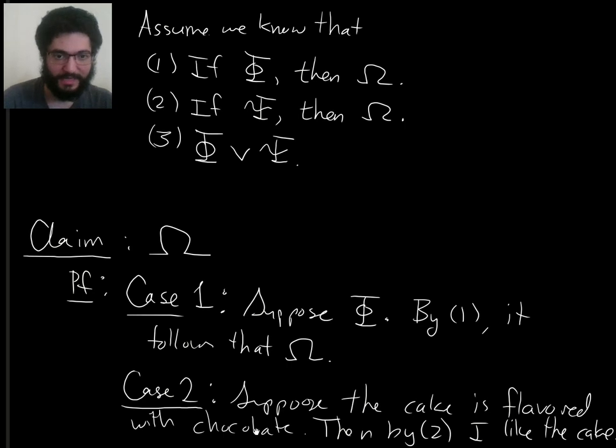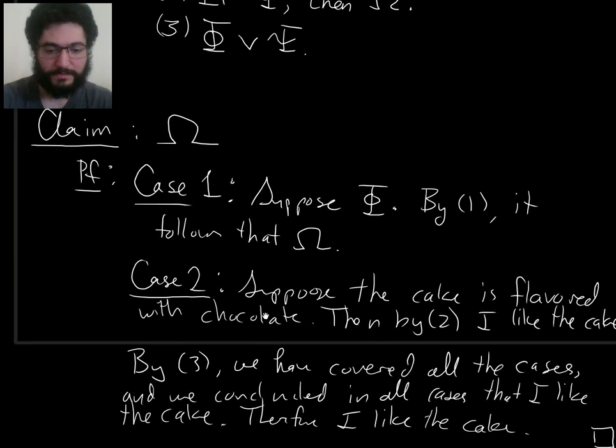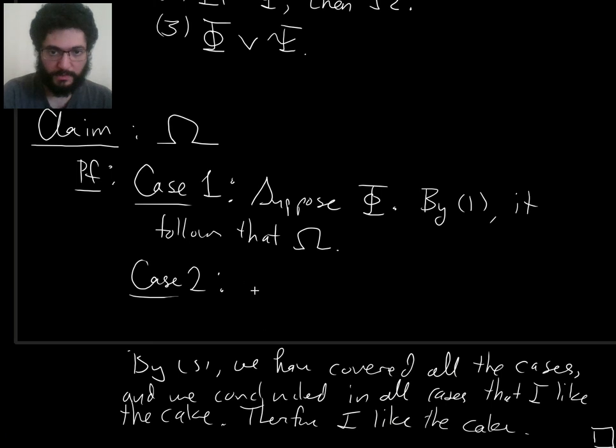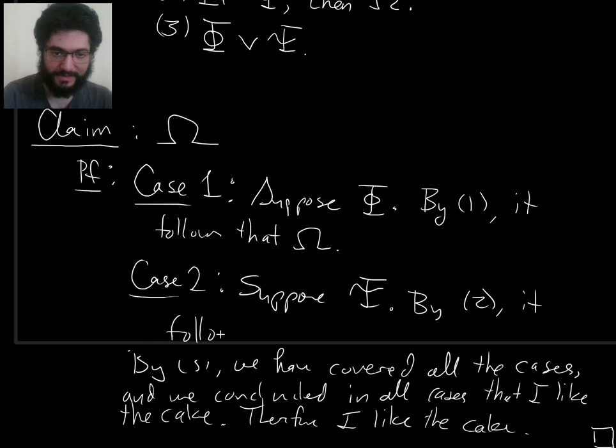And then case 2, suppose psi, the cake is flavored with chocolate. By 2, it follows that I like the cake. Follows that omega.